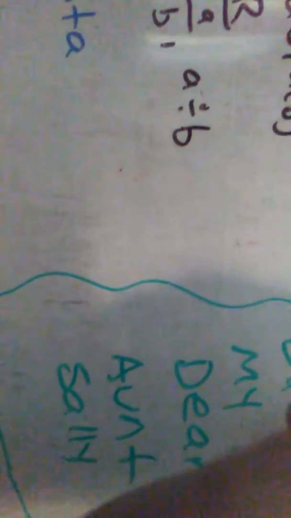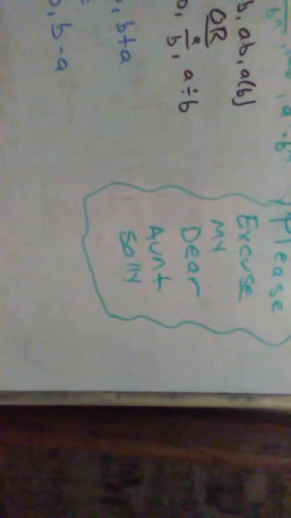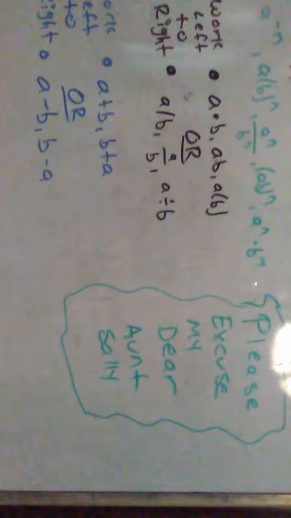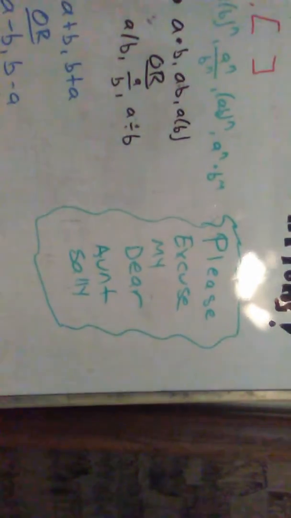So this is a really easy and fun way to memorize PEMDAS. Notice how it does indeed spell out PEMDAS. And it just stands for please excuse my dear Aunt Sally.